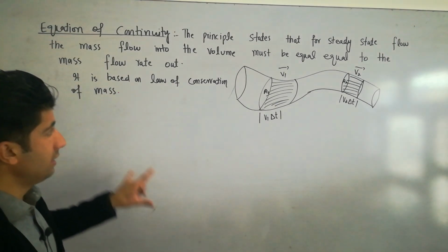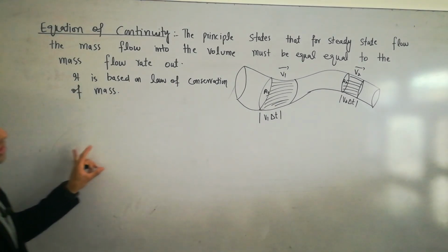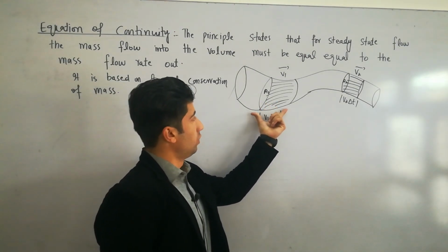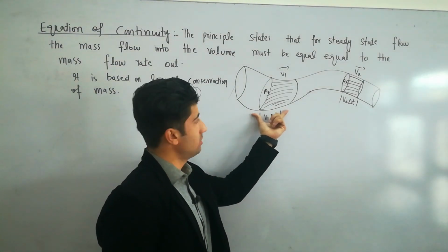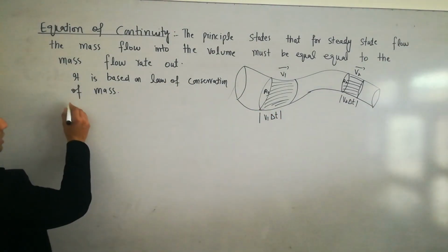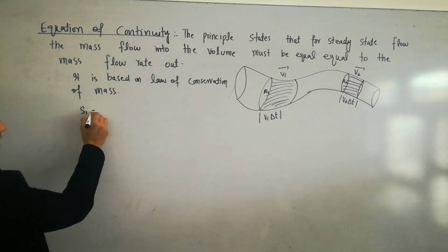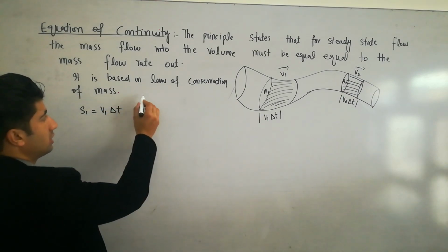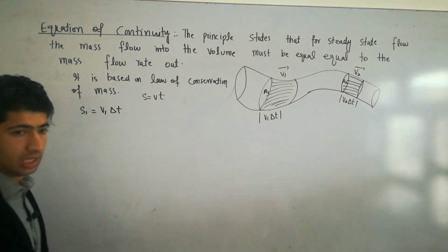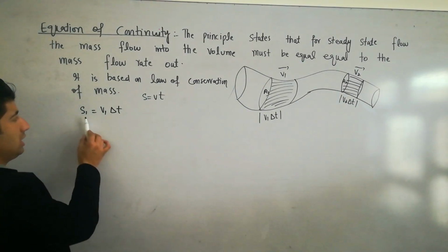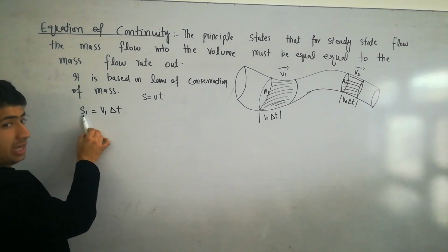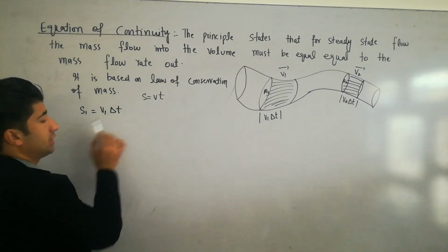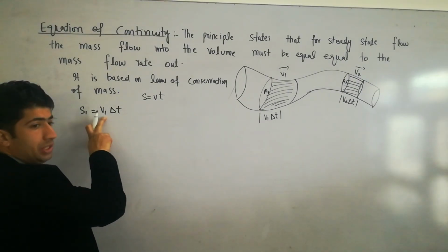Okay. First of all, if you see here, we have this area A1 where the fluid covers a distance S1, and that S1 is equal to V1 delta T. We have a famous equation, S is equal to what? Vt. According to this equation, S1 is the distance covered by the fluid when it passes through area A1 in a delta T time, having the fluid speed V1.